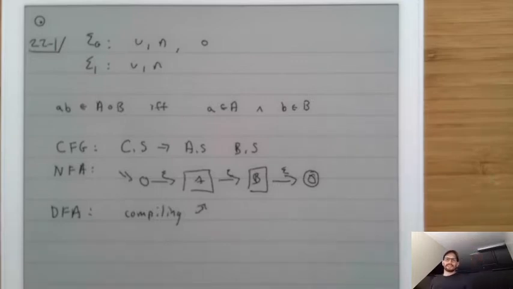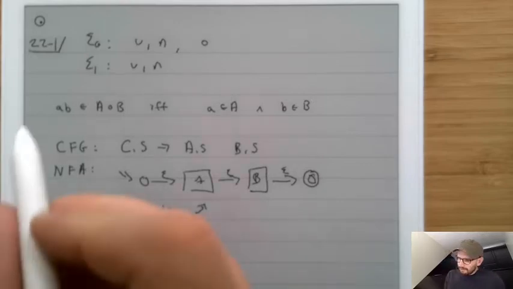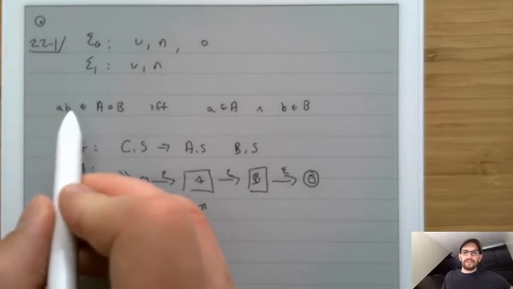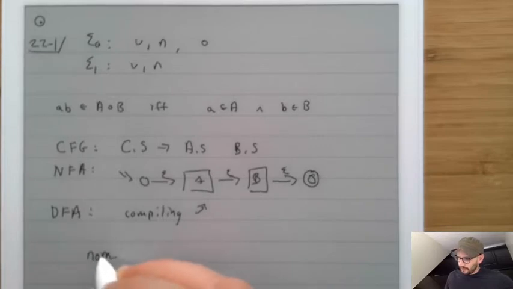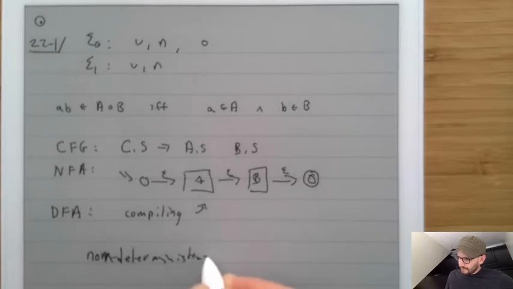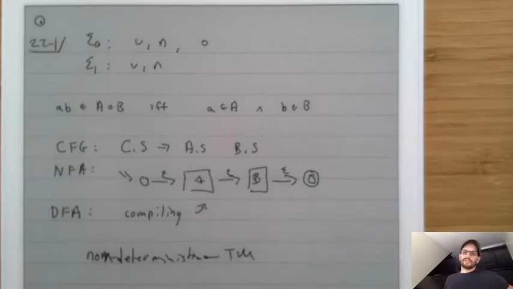Remember, our input string has to be divided into two pieces, the A piece and the B piece. One is going to be sent to the A machine, and one to the B machine. And where exactly that division is, we don't know beforehand. So what we're going to do is create non-deterministic Turing machines. And non-deterministic Turing machines are going to use a strategy similar to this one.